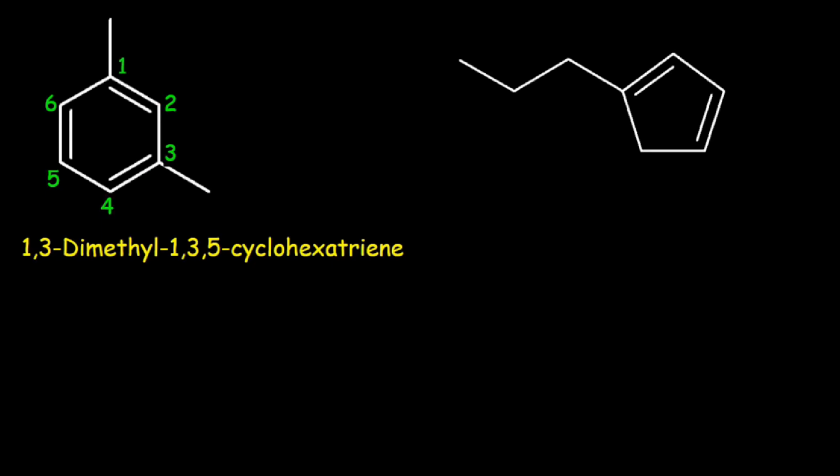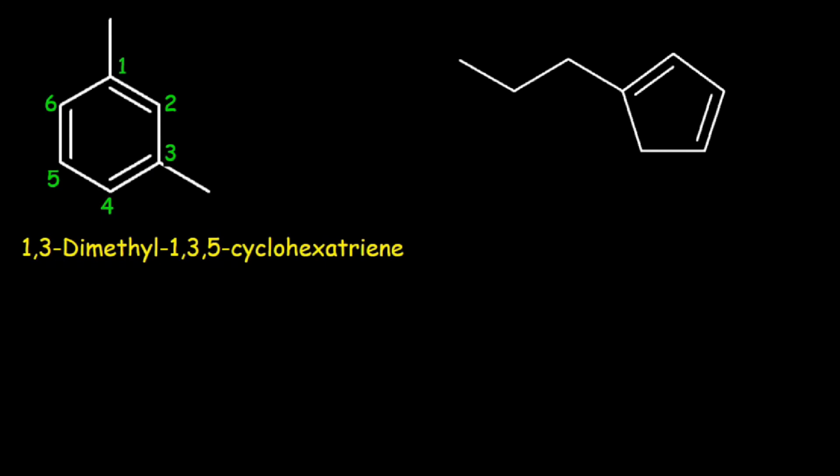The name of this molecule would be 1,3-dimethyl because two methyl groups are present, 1,3-dimethyl-1,3,5-cyclohexatriene. 3 double bonds are present, so you have to use the word triene. Up till now, we have discussed the heading part with 1, 2, and 3 olefinic bonds. So let's consider another example.